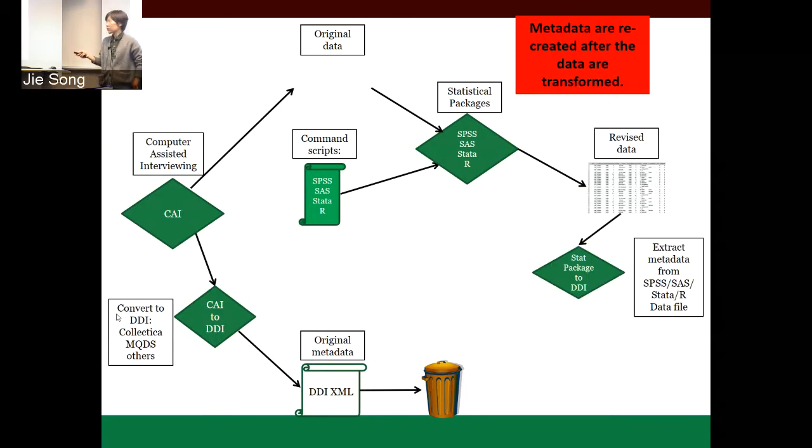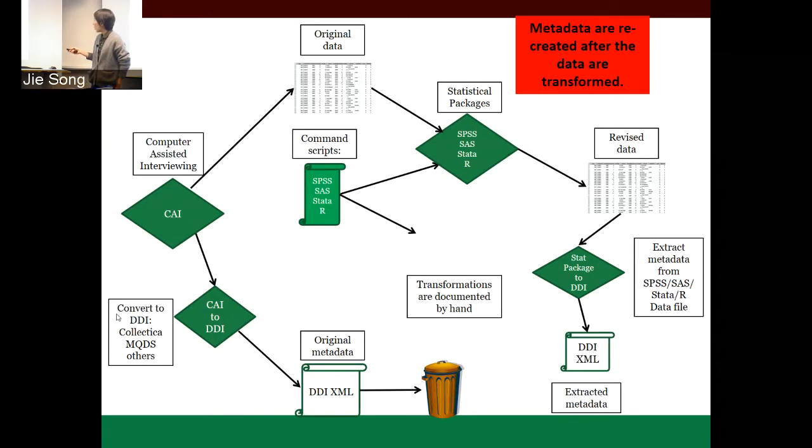So what we intend to do is extract the metadata from the transformation script, put it into the DDI format, and then publish the revised data together with their own metadata. But the problem is that the transformations are documented by hand.